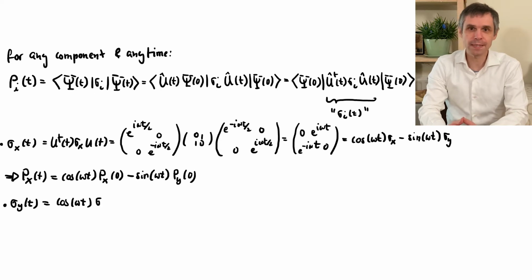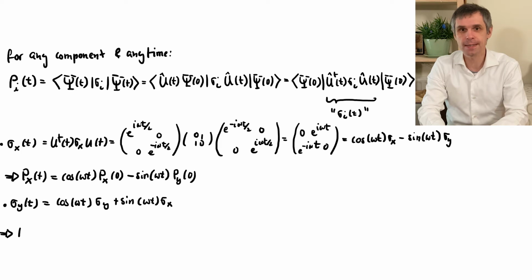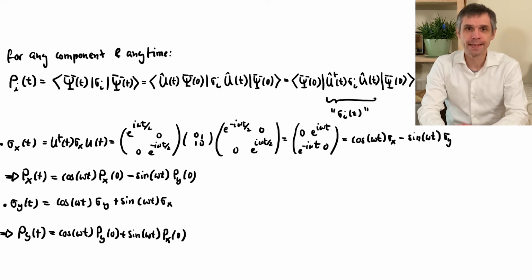For the Pauli y matrix, we find again that it transforms into a combination of Pauli x and y matrices, and this then gives a corresponding expression for the y component of the polarization vector. The Pauli z matrix remains unchanged, and so does then the corresponding component of the polarization vector.